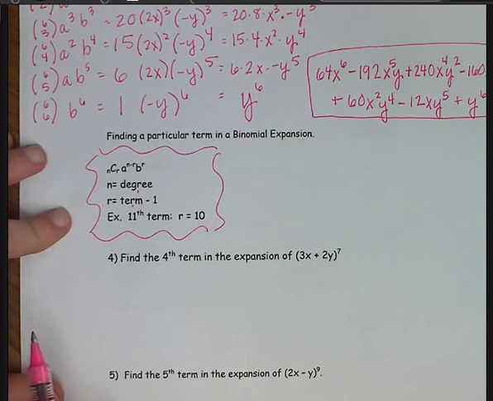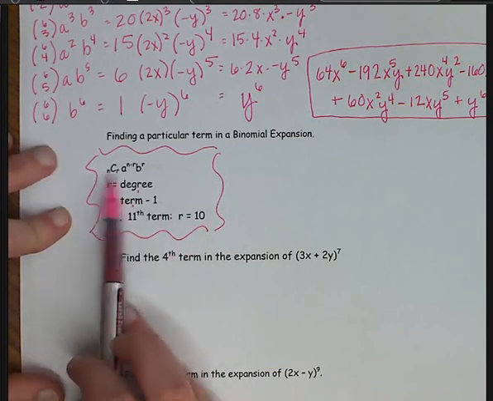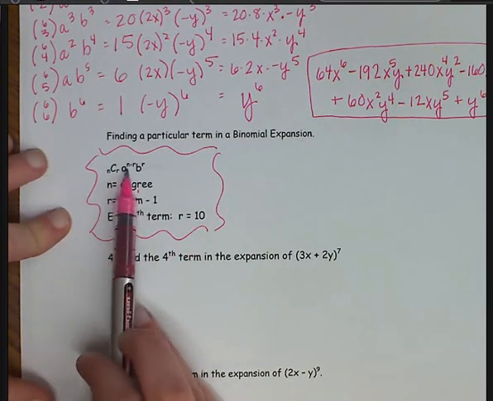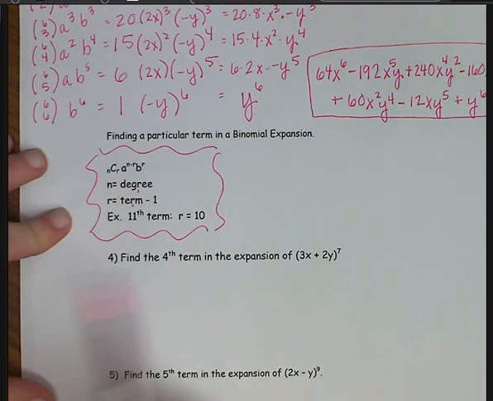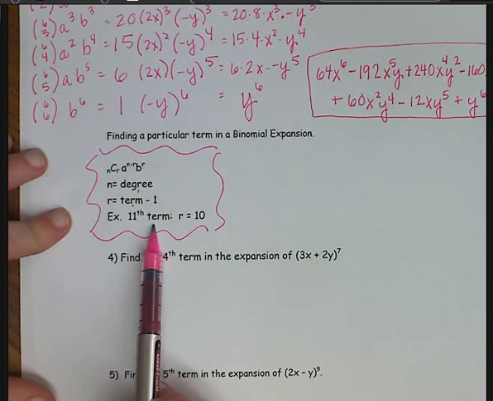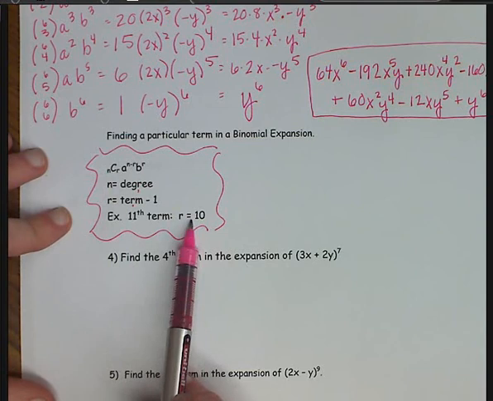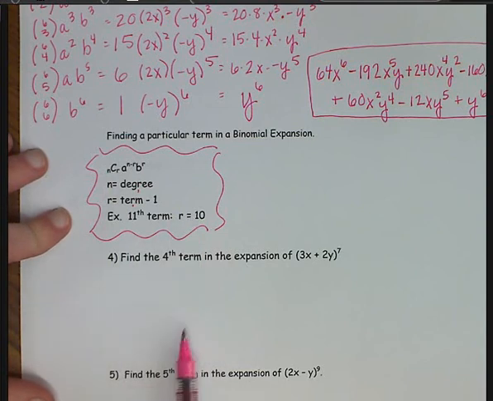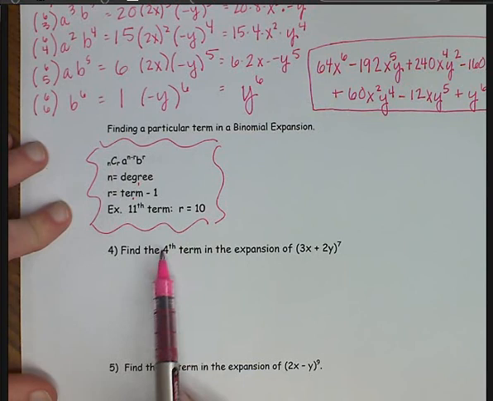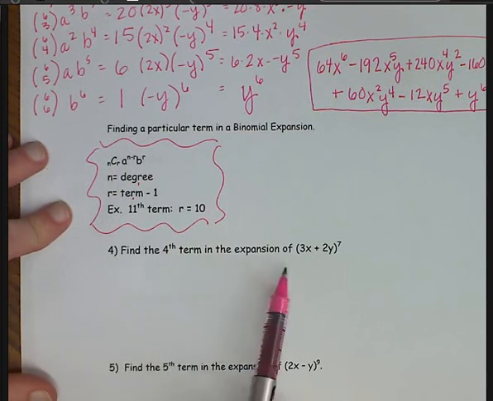So, for example, when we do n choose r, a to the n minus r, b to the r, let's say that we want to find the 11th term in a particular expansion, then we're going to use an r of 10, so 11 minus 1. Okay? So let's try it here. We want to find the 4th term in our expansion of 3x plus 2y to the 7th.